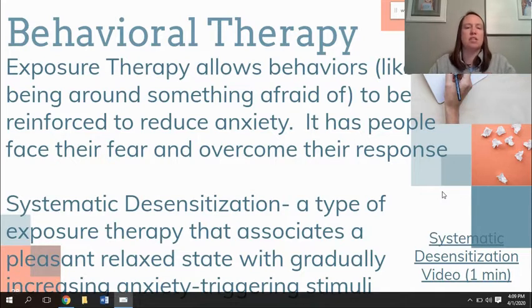So systematic desensitization is a type of exposure therapy. Let's write this one down.